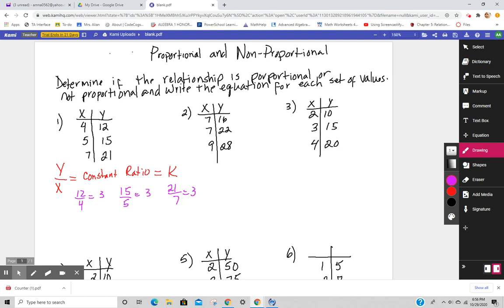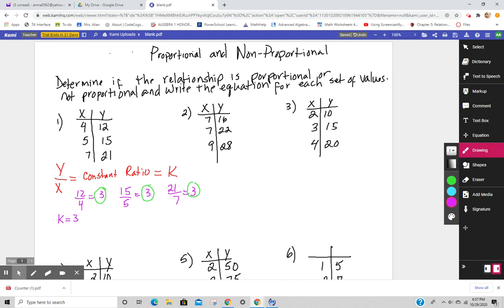So this relationship is proportional because we're constantly getting a constant ratio. In this case, it's 3. Every time we divide y by x, we end up with a constant ratio of 3. So the k value in this relationship is 3. So k equals 3.